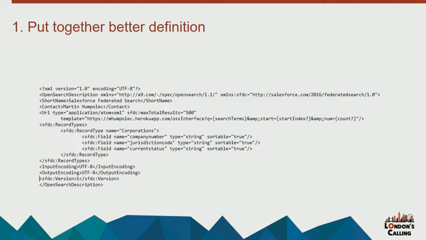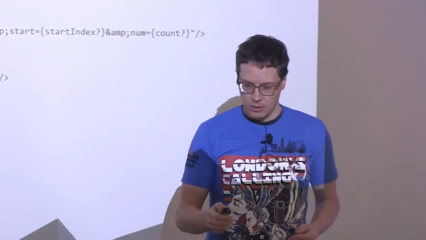And you can specify, I would say, any number of fields, and they have the standard types like string, numbers, currency, date. That's probably all you need. Upload it to Heroku or any other server.